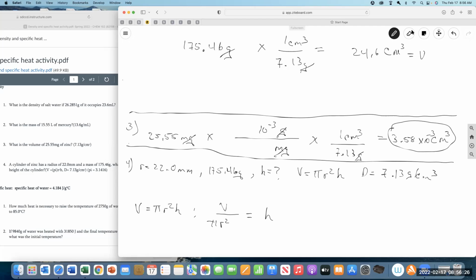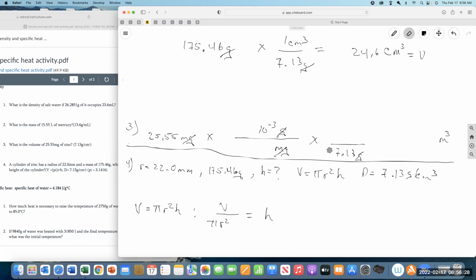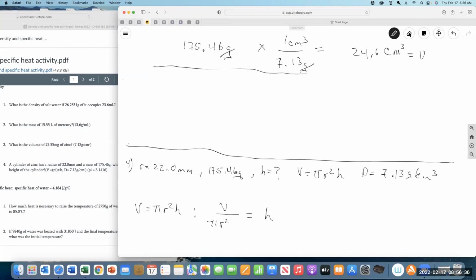So I'm going to erase this now to finish this problem. So if I plug that in, whoops, I don't want to do that. So I'm going to plug that into here. H equals V, I'm sorry. Oh, that's right. It's right here, just moving it up here, V over pi r squared.